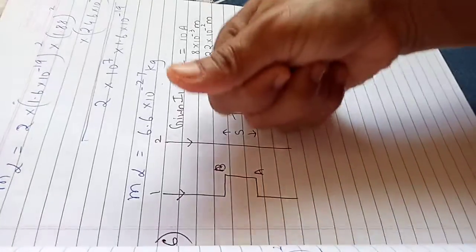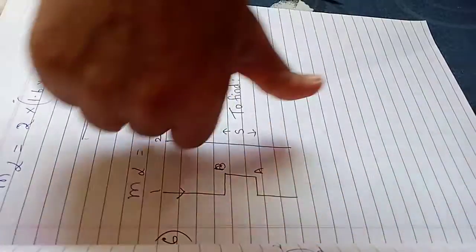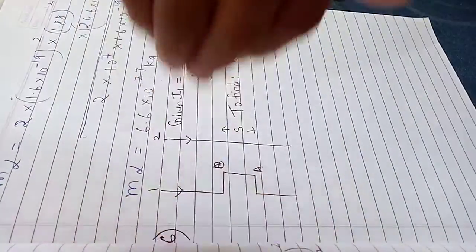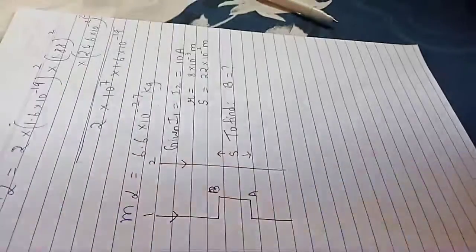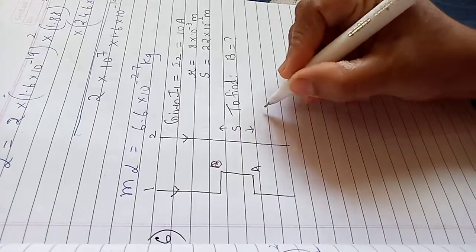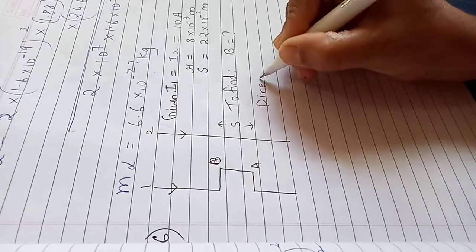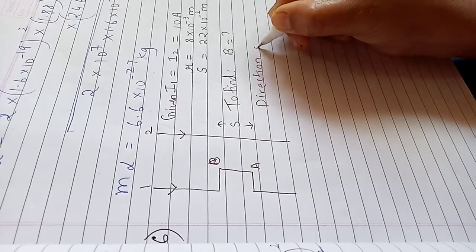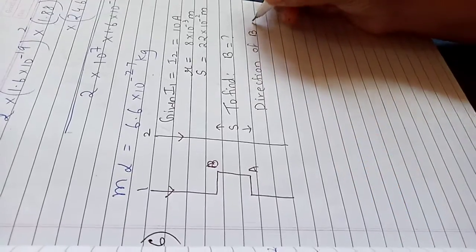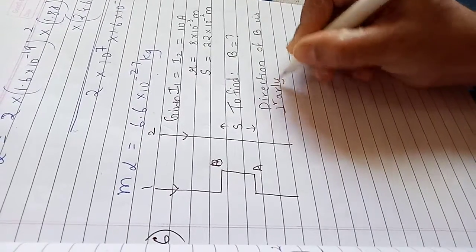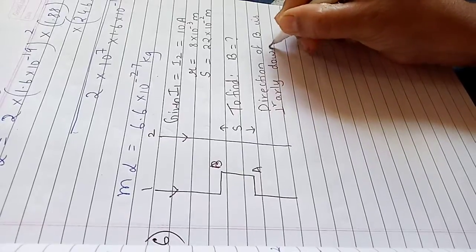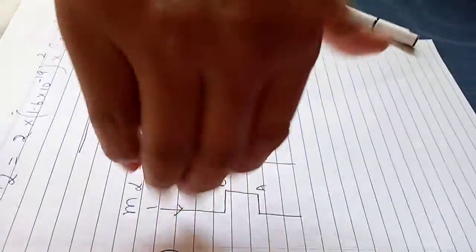Students, how is the current flowing? In the reverse way. Therefore, the magnetic field is acting inside the paper. Means, first point is direction. Direction of B is perpendicularly downwards as per the, follow my hand, right hand rule.